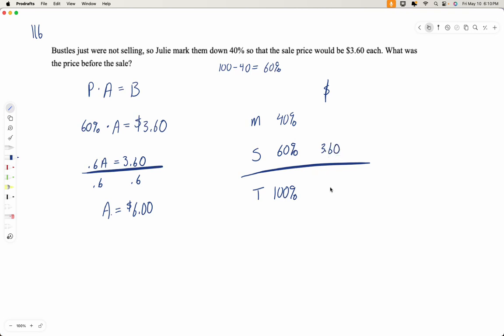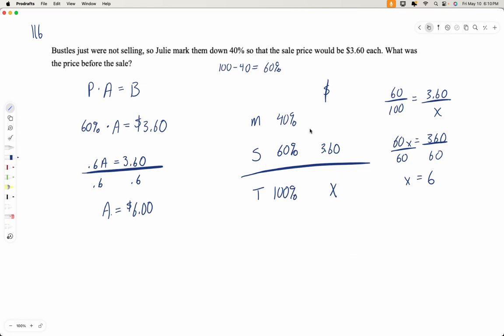I'm looking for my price before the discount. So you could say 60 over 100 is equal to 3.60 over X. It's going to be the same exact answer. We divide both sides by 60. X is equal to 6. So you can do it either way.